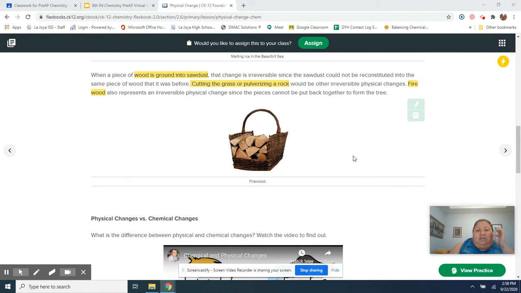Some examples of irreversible physical change: when you are helping your dad and you have a big long board and he wants you to cut it into smaller pieces. Well, I didn't have an electric saw when I was growing up, so anytime I went outside to cut some wood, I would have to use a regular saw.